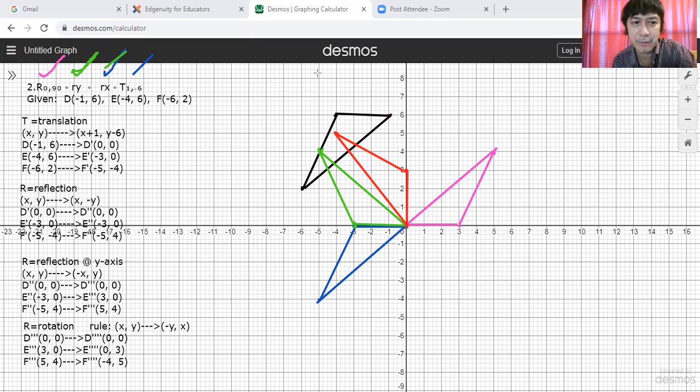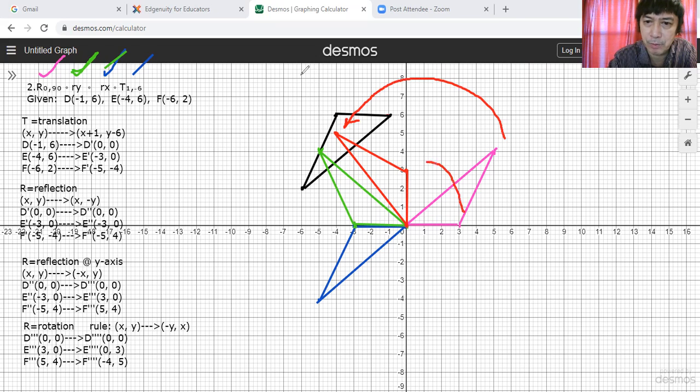So that's the positive 90 rotation of the pink. So you were able to notice this. It went there. Let us use a curve. This point went there, like that.